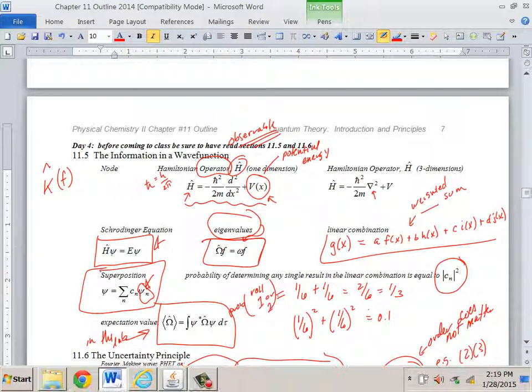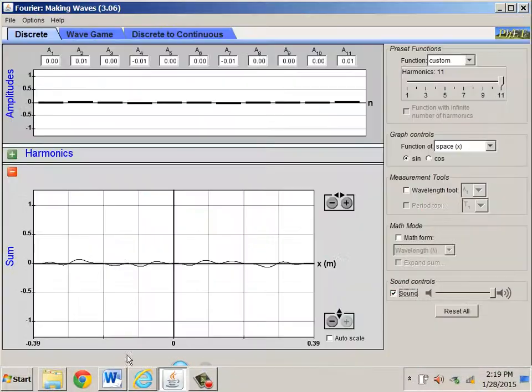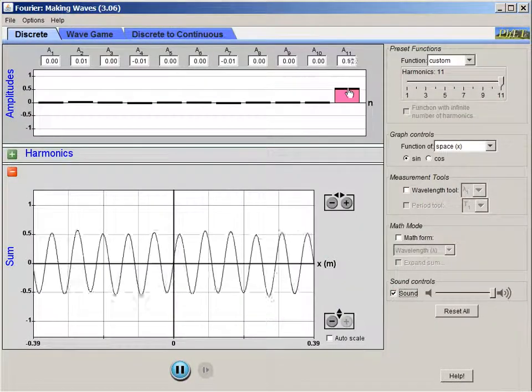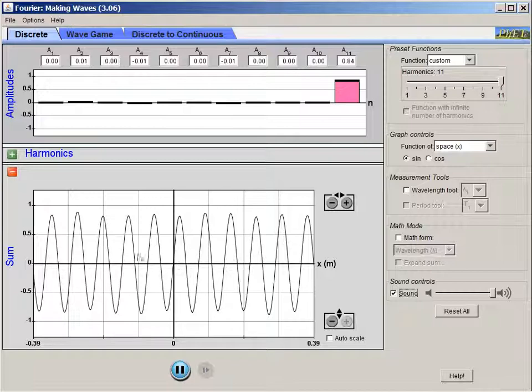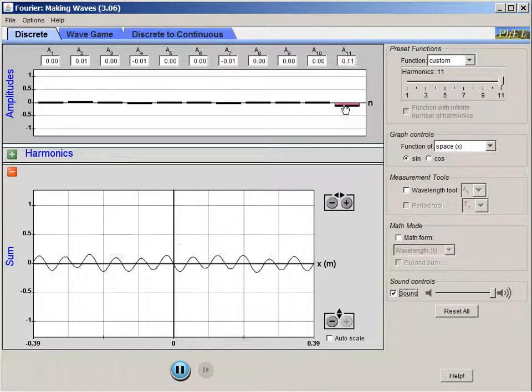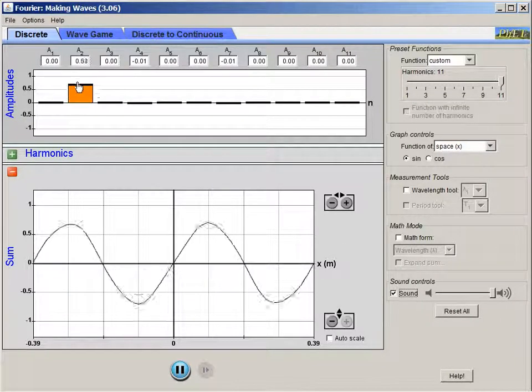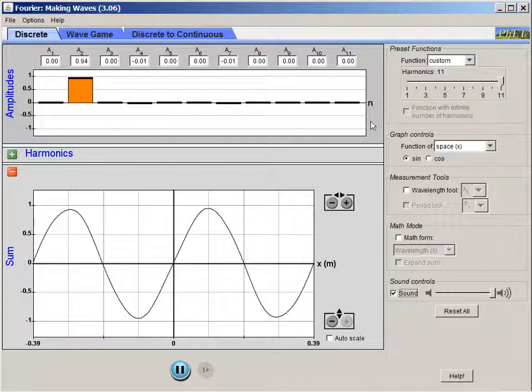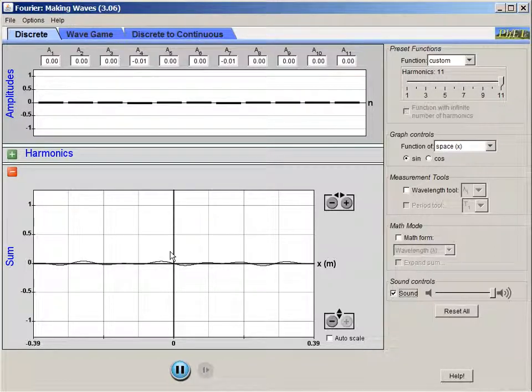And you can visualize that with this. So I'm going to add this wavelength to this system. I'm going to add this wavelength to this system. So I'm going to keep adding all these wavelengths up. We're going to have less and less idea in this tone what the wavelength is, but we're going to know where the position is.